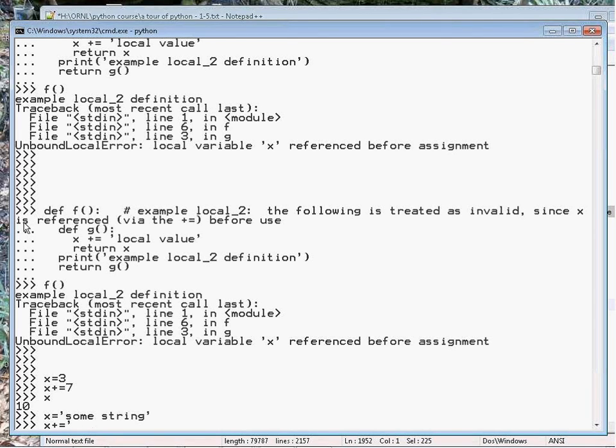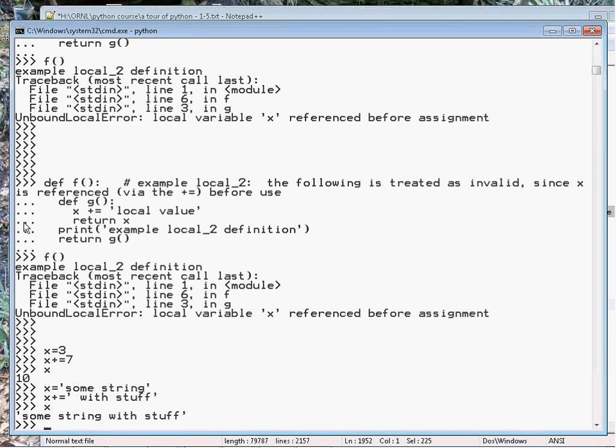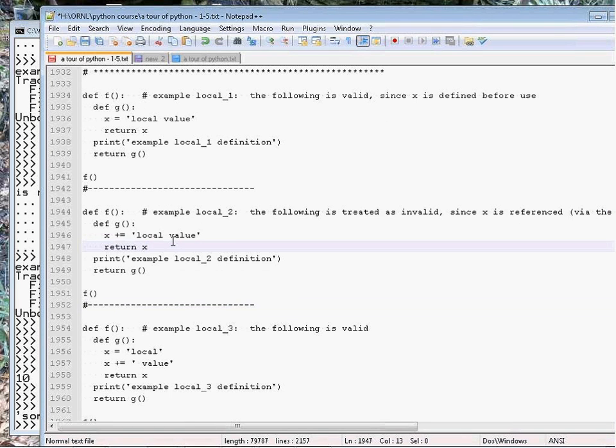And if you read the error message, that's what it's telling you: local variable X referenced before assignment. So the way to fix that is with example 3. Prime the value with a strict assignment rather than incremental assignment. And then at that point it becomes safe to do incremental assignments, incremental changes.